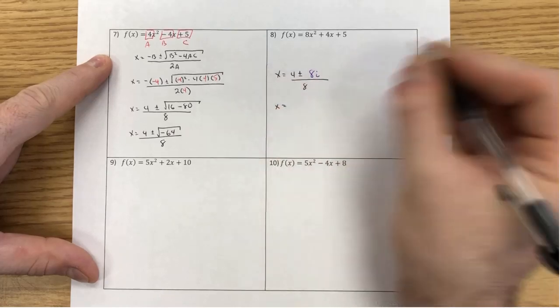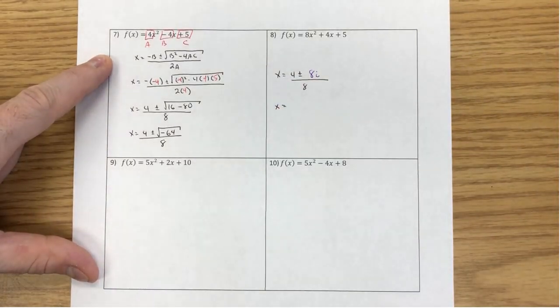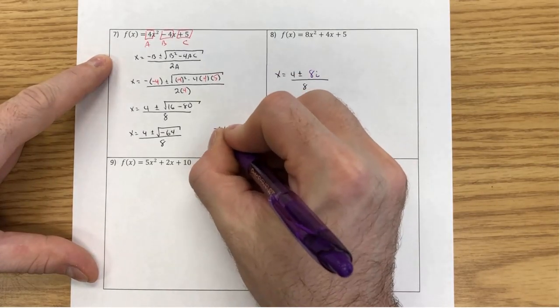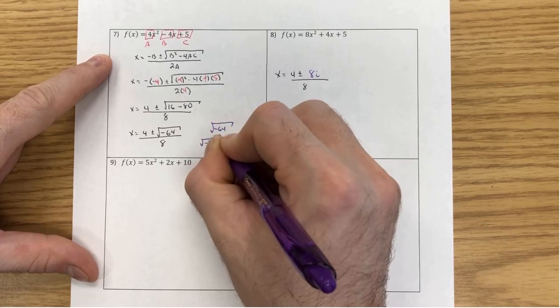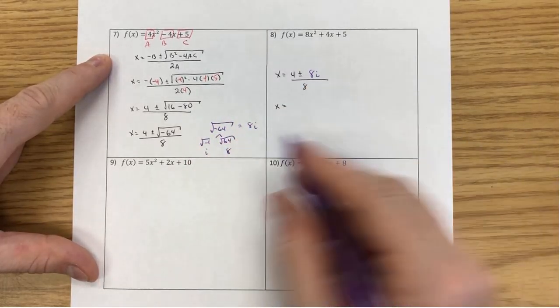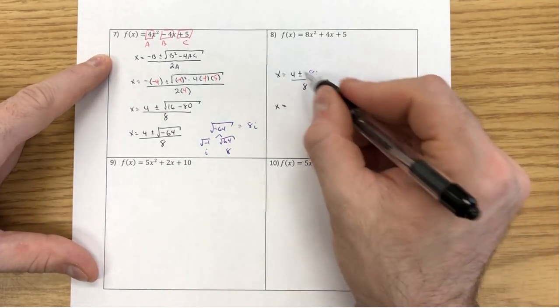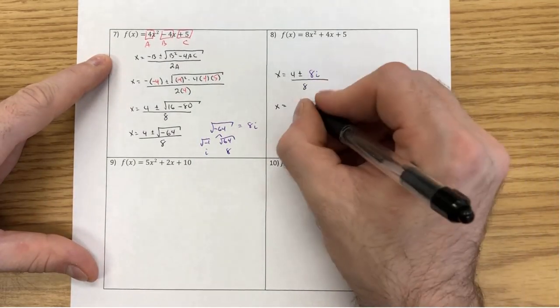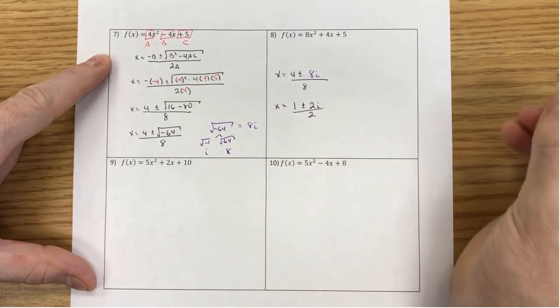If you don't feel comfortable skipping the middle step, don't worry about it. Include that. You can always write out negative 64, negative 1 and 64, and then square root both of them. Get your i and 8, which is 8i. You're always welcome to do this. Nothing against that. I can divide 4 and 8 by 4, which gives me 1 plus or minus 2i all over 2.